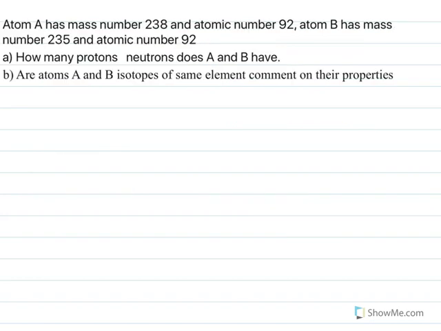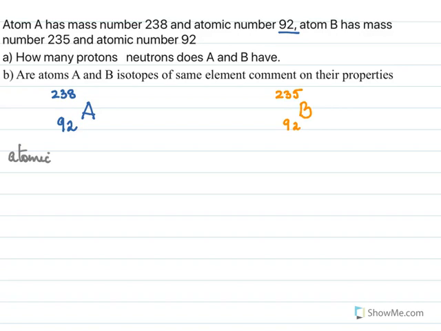A has mass number 238 and atomic number 92. And B has mass 235 and atomic number 92. How many protons and neutrons do each have? So let's get on with the calculation.